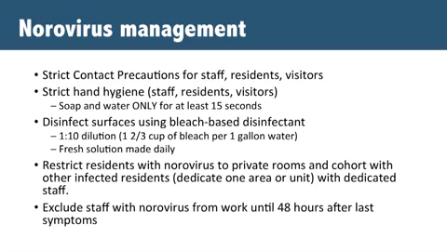It is also important that all environmental surfaces are cleaned using a bleach-based disinfectant. The ideal concentration is a 1 to 10 dilution. It may be necessary during an outbreak to disinfect surfaces up to 3 times a day.